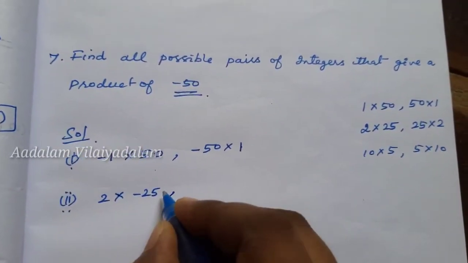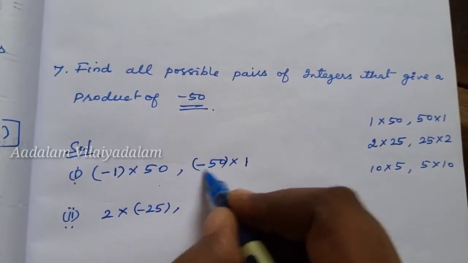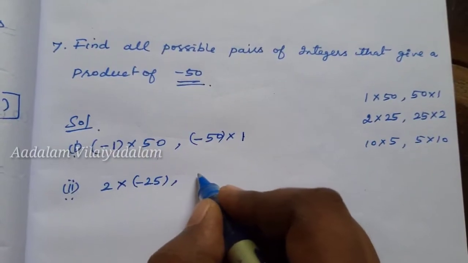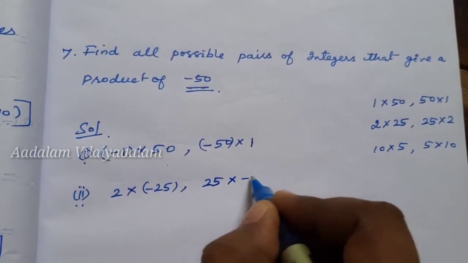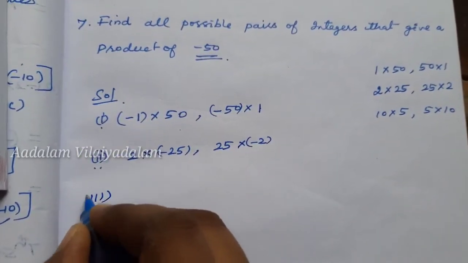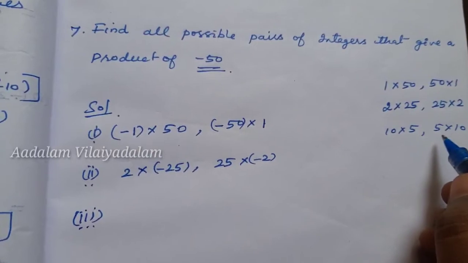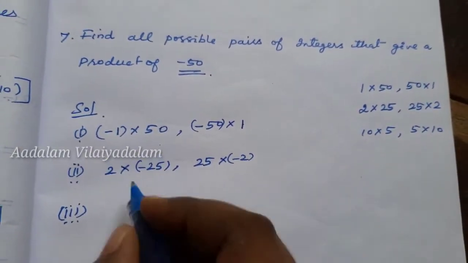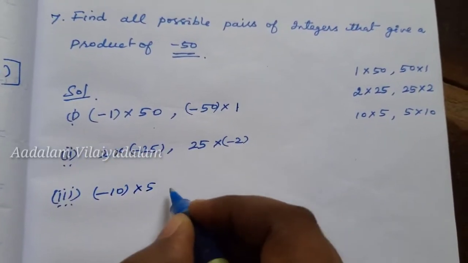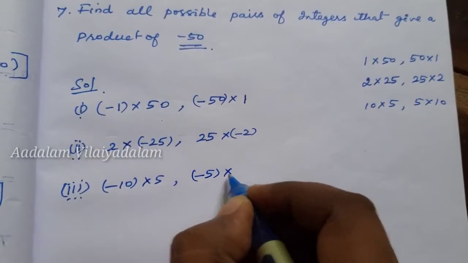Next, how can we write this? So if there are different signs, use a minus. Next, how can we write this one? 25 2s are 50 we can write. What are the few more pairs we can get? So 10 5s are 50 and 5 10s are 50. How can we write? Minus 10 into 5 we can write, or you can write minus 5 into 10.